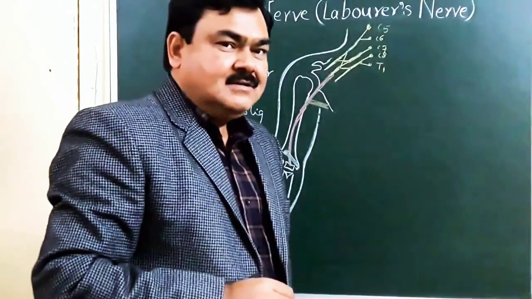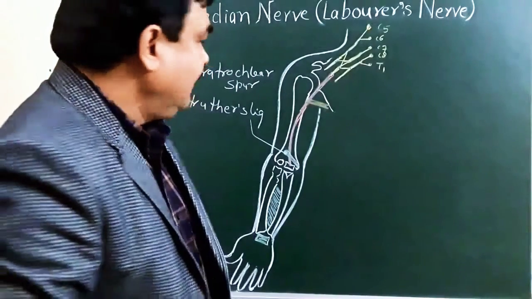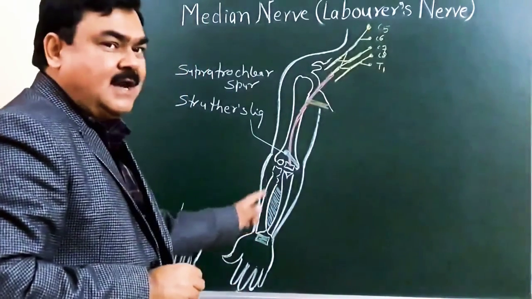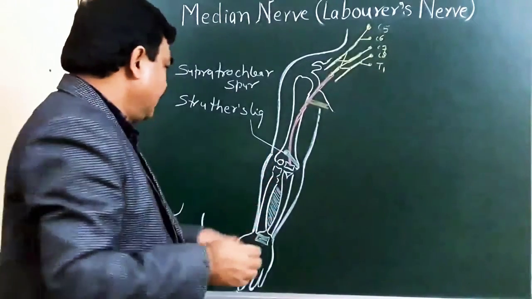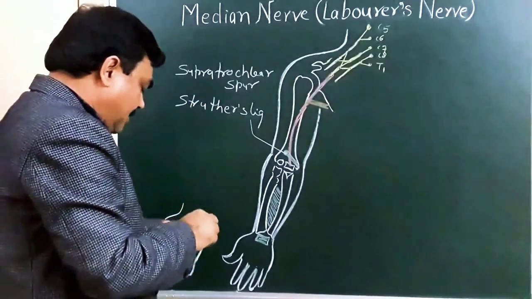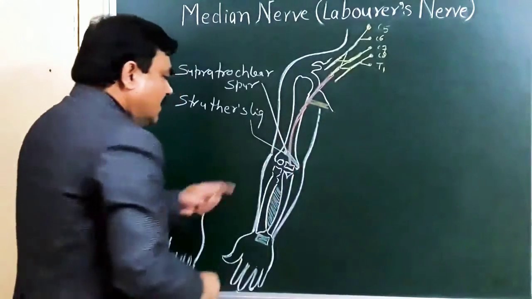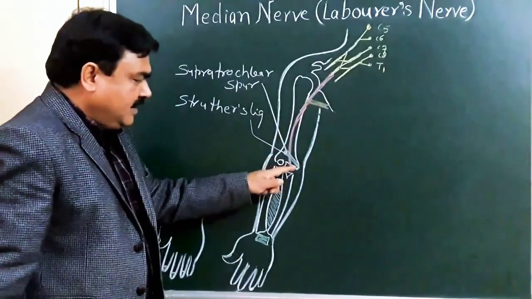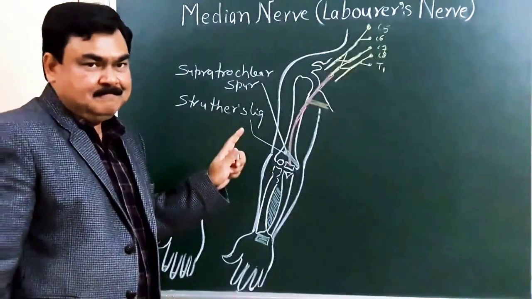It is the third head of the coracobrachialis muscle. If present, it may create some problems, which we'll discuss later. From the supratrochlear spur to the medial epicondyle of the humerus, there is Struthers' ligament.